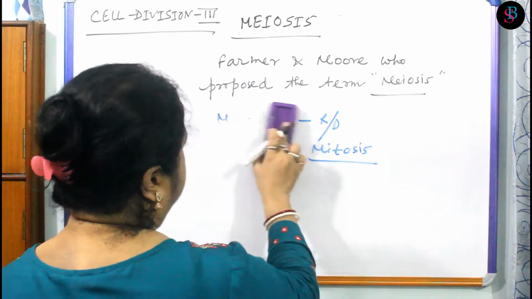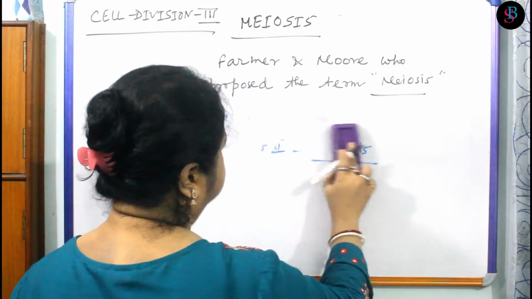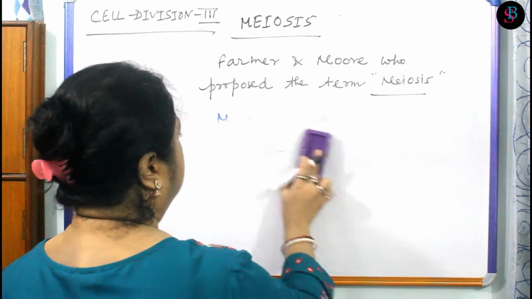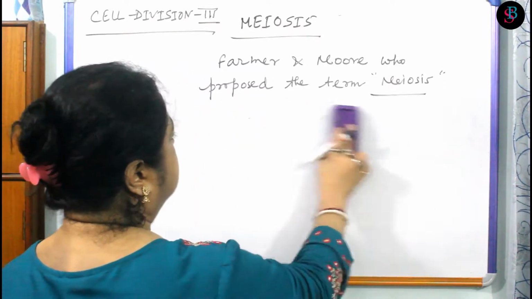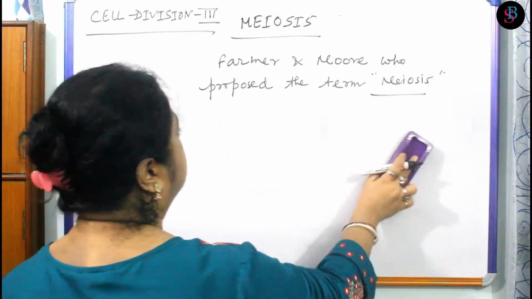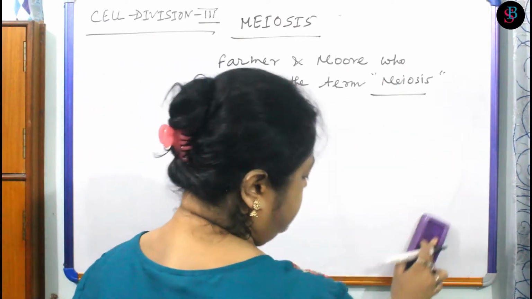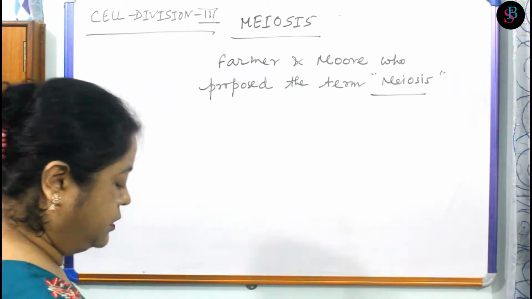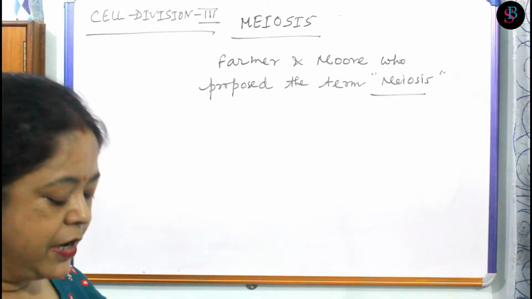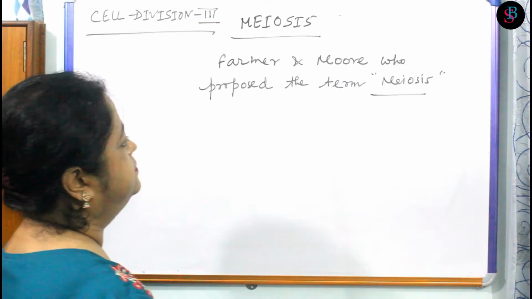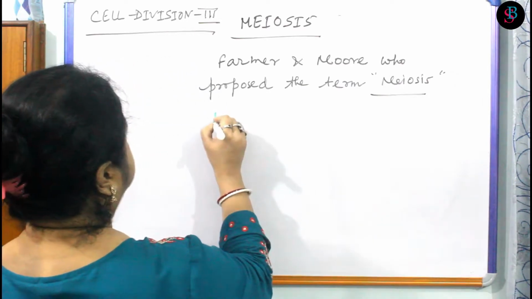Now first thing is that in meiosis 1 we shall observe the pairing of the chromosomes, and prophase 1 has many subphases, 5 subphases.